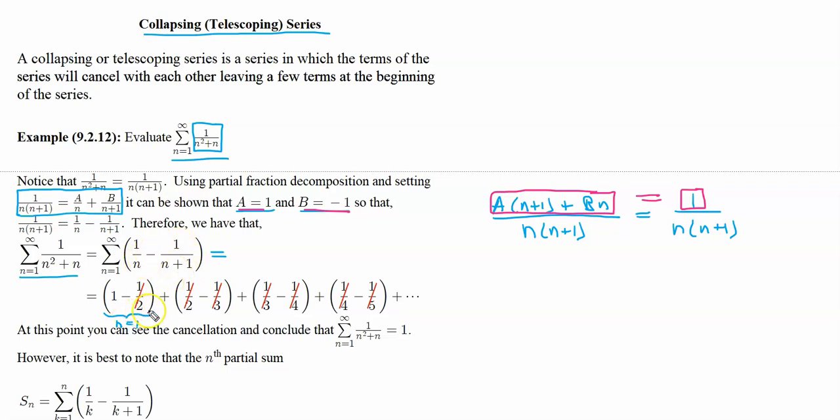Plus, this is what we get when n is 2: 1/2 minus 1/3. Now we'll see why I have those crossed out in a second. When n is 3, you get this, and when n is 4, you get this.